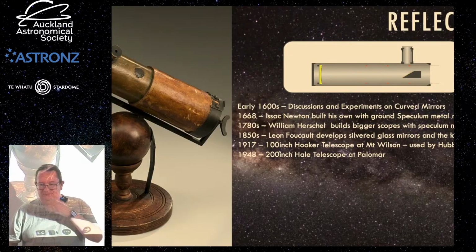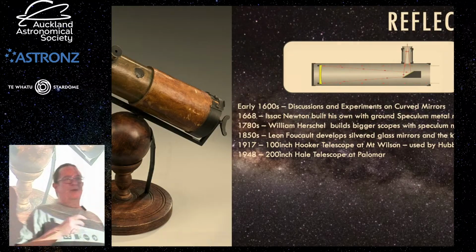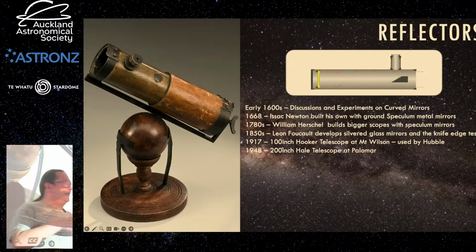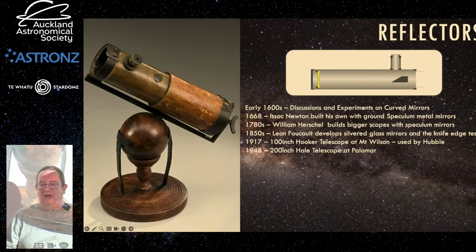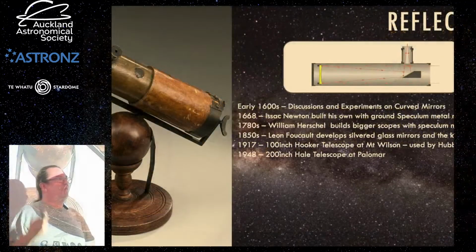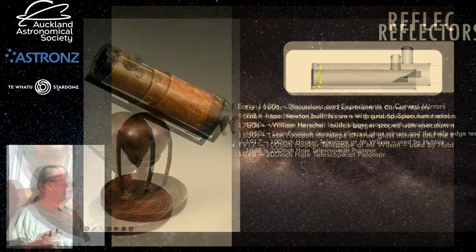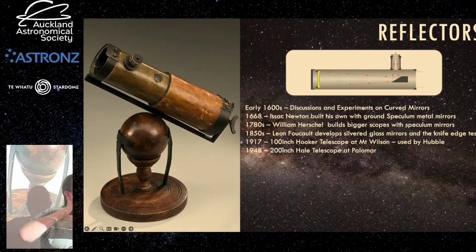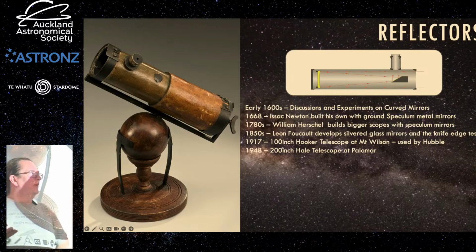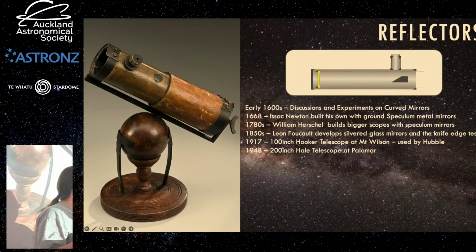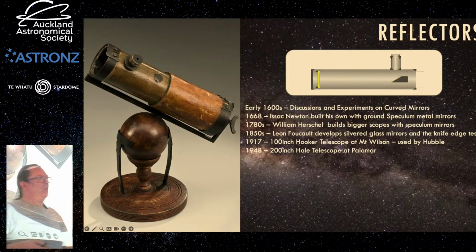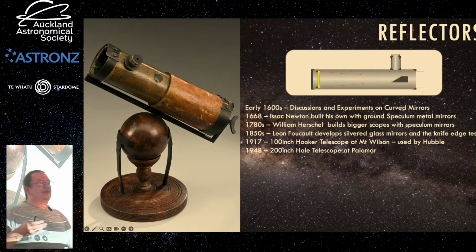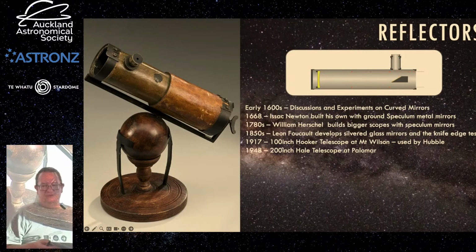Reflectors. Pretty much as soon as the refracting telescope was popularized, people were experimenting and playing with curved mirrors to do the same thing. The knowledge that a curved mirror would focus light had been around for probably 400 years at that point, so it wasn't a surprise that curved mirrors could be used for this.